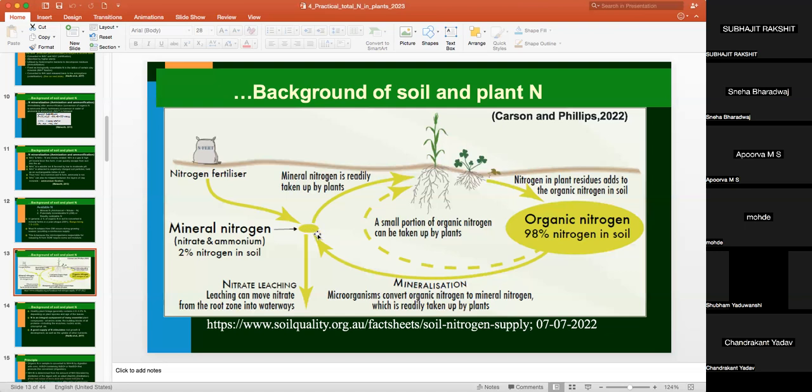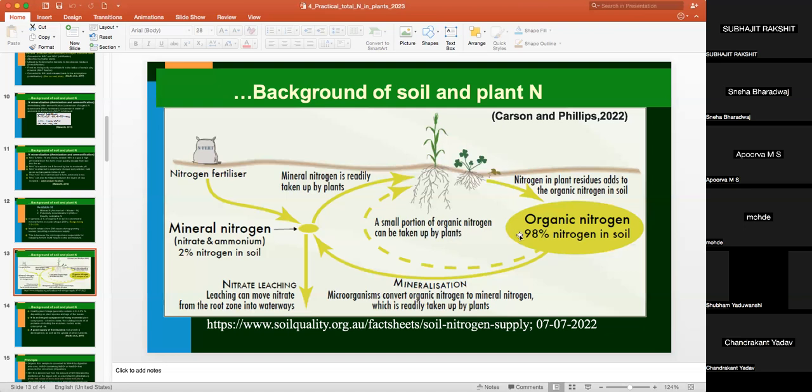So this picture conveys the message that mineral nitrogen can come from fertilizers and it can also come from organic nitrogen after mineralization. And it can be reverse also. This mineral nitrogen can be immobilized into organic nitrogen by soil microbes. And a small portion of organic nitrogen can be taken up by the plants.